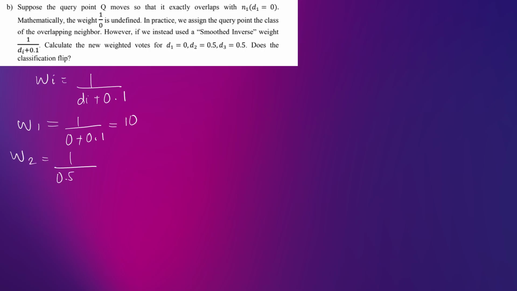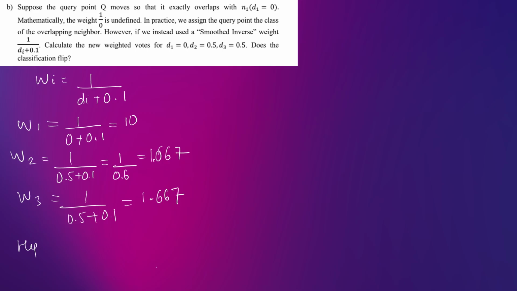W2, 1 upon 0.5 plus 0.1, you get it as 1 upon 0.6, 1.667. Similarly, W3 is also 0.5, so you'll get it as 1.667.